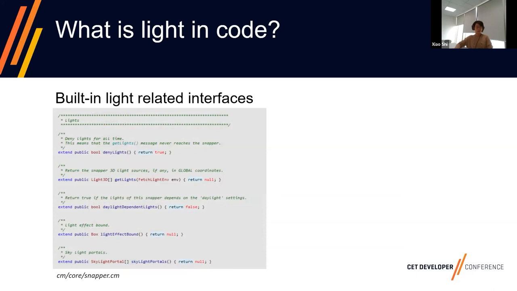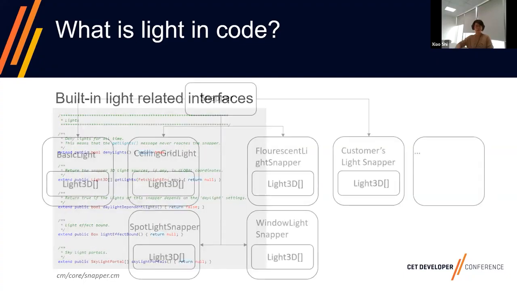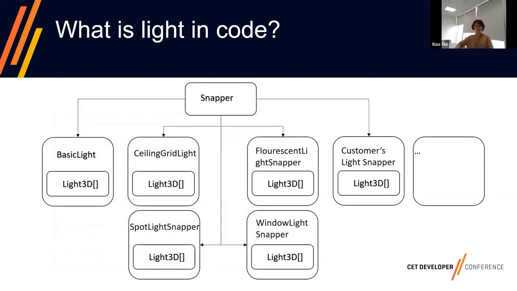If you enter snapper.cm, you can see that there are a bunch of light-related interfaces, but they do basically nothing, because if you have your own light snappers, you'll need to handle that yourself. Let's take a glance at the structure here in CM. We have snapper as the parent class.